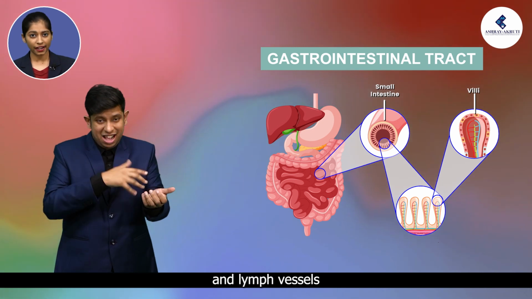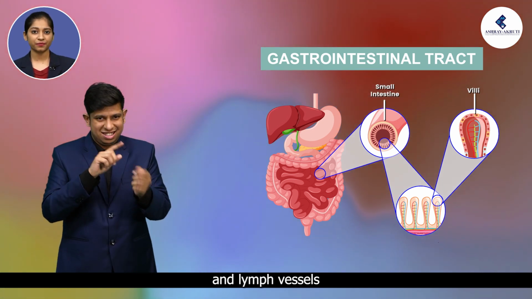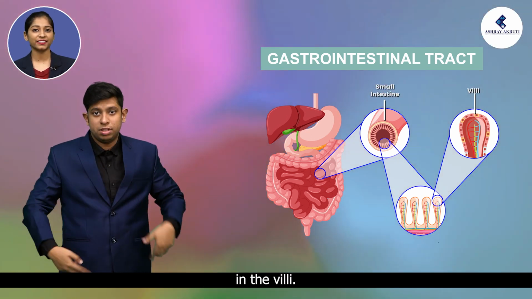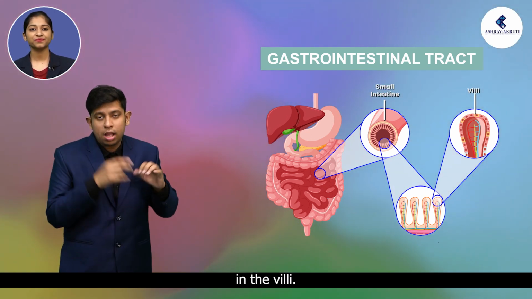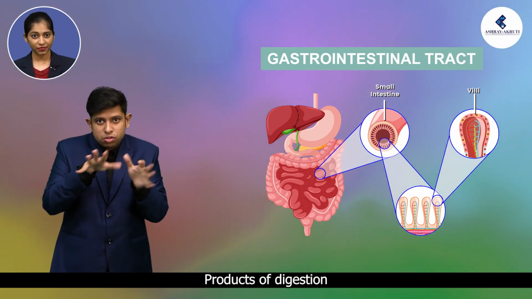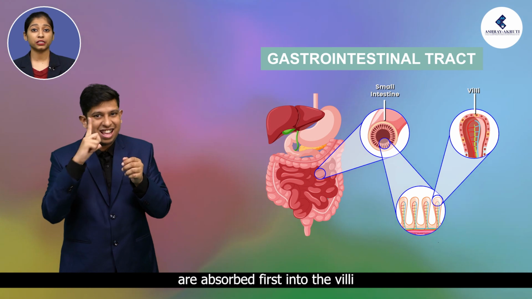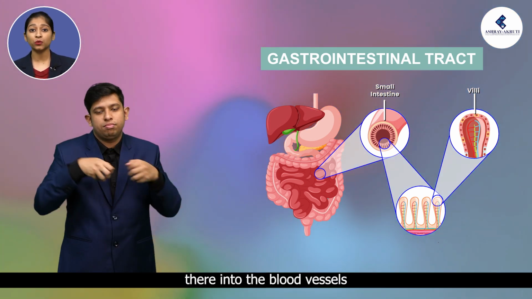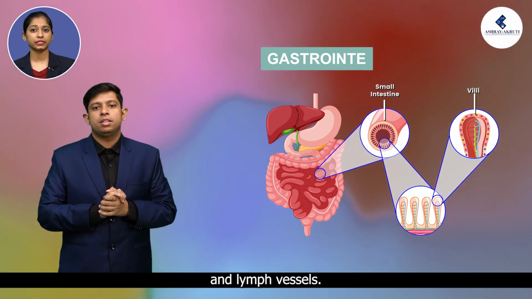Blood vessels and lymph vessels are present in the form of a network in the villi. Products of digestion are absorbed first into the villi and from there into the blood vessels and lymph vessels.